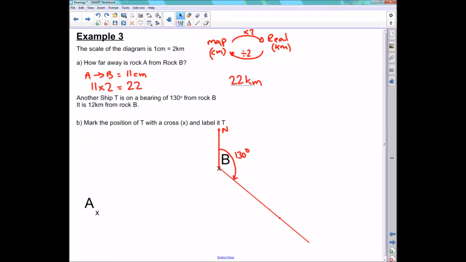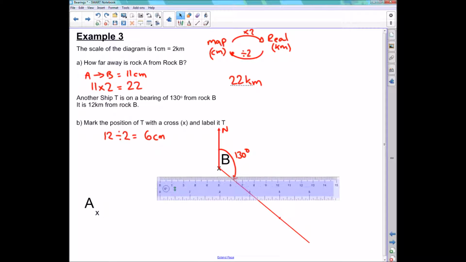Now what I need to do is work out what 12 kilometers is on my map. If you remember, I've got this little formula up here. If I've got my real distance in kilometers, I need to divide it by 2 and I'll get the distance in centimeters on my map, which is 6 centimeters. So all I need to do now is get my ruler and measure from B 6 centimeters.